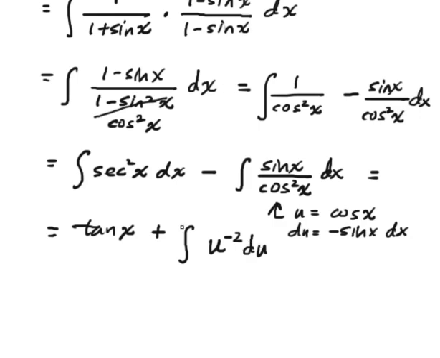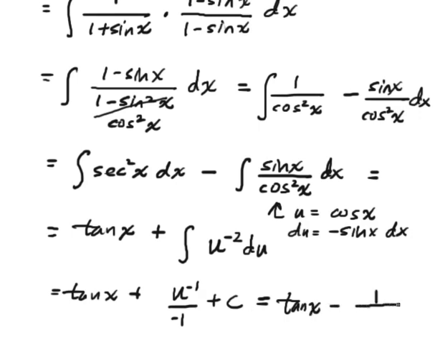So that's all a plus du. Now just do the power rule. Let's carry along that tangent x. So here we have u to the minus 1, just adding 1, and then divide by minus 1. So we have tangent x minus 1 over u, and u is equal to cosine x.